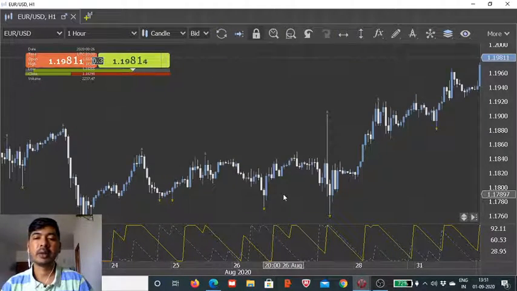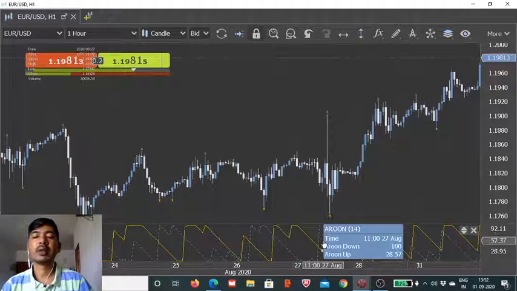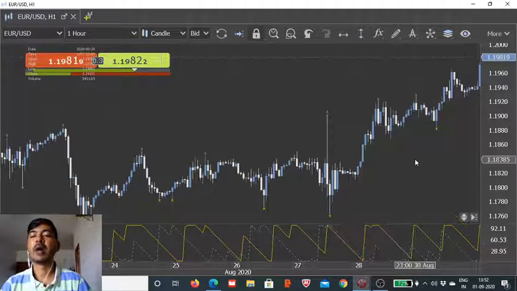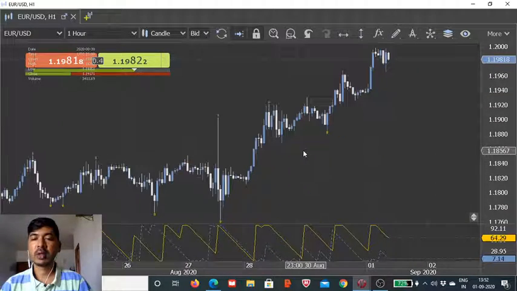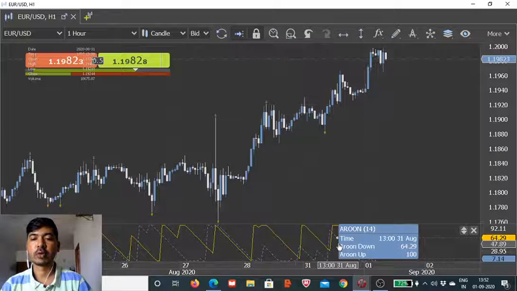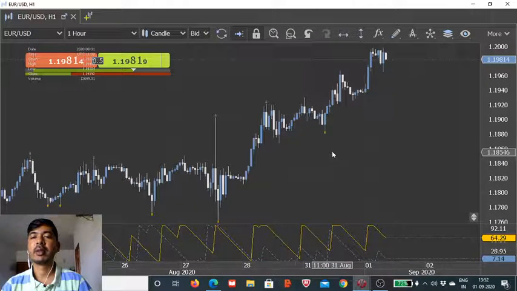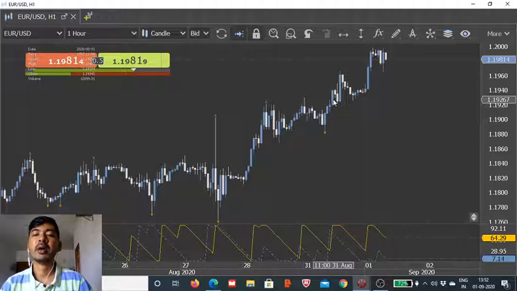And whenever the trend changes, we will see the levels getting shifted between AROON up and AROON down. This crossover happens quite frequently. Here we had a crossover when the AROON up shot up above AROON down, and this was indicative of the fact that bullish momentum is gaining pace.